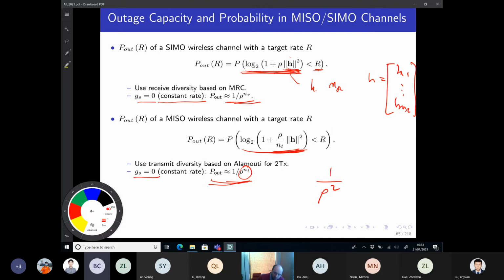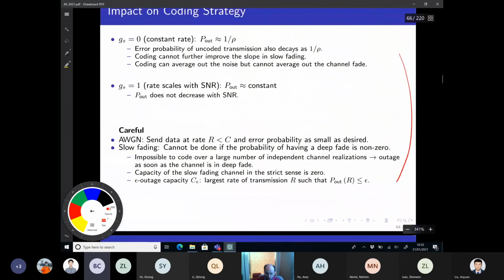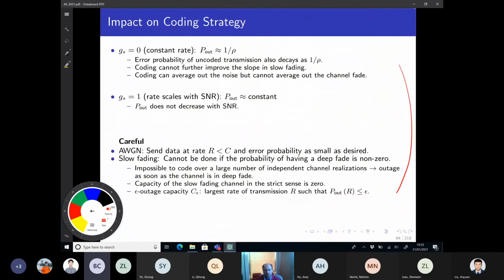Good. So this is really a crash course on some of the basics of wireless for you to understand this notion of slow fading, fast fading, and what is the implication for the scheme that you can use. Really, the difference is the slow fading. When you don't know the channel at the transmitter, you have this issue that the channels may not be able to support your rate.